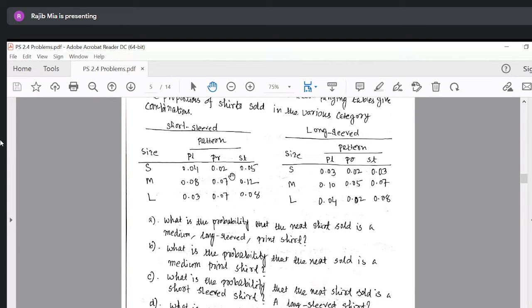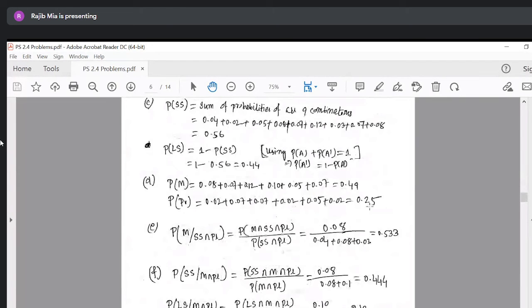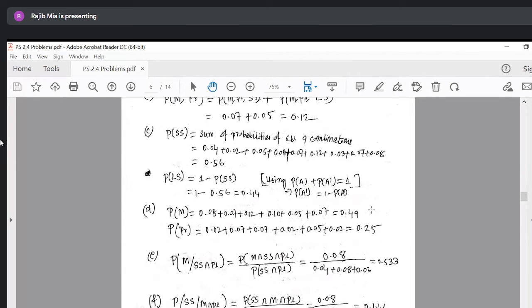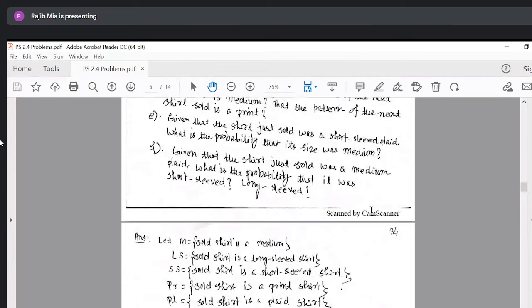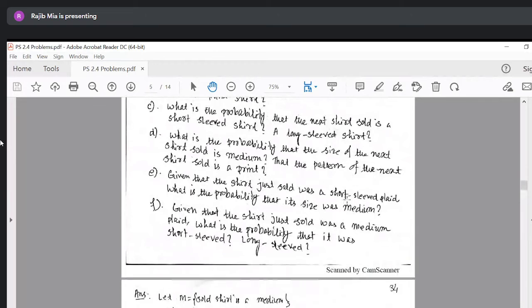So add these six values: 0.02 plus 0.07 plus 0.07. Okay. And for the second table 0.02, 0.05 plus 0.02. So this is the answer, 0.25. Sir, in question D, do we have to find them separately or add both of them? Separately, you have to find. Okay, sir. Two question marks are there. Okay. We have to find separately.